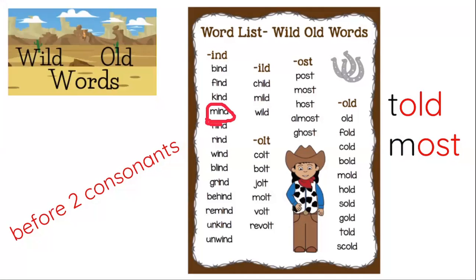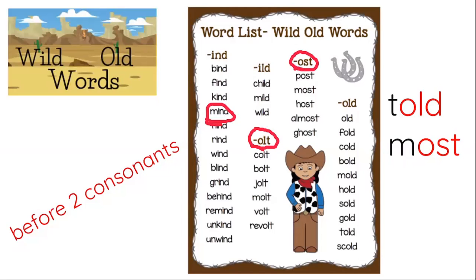This week we've got the O sound, and that happens with the O-L-T, the O in front of the LT, the two consonants, like colt, bolt, jolt, molt, volt, and revolt. And we have it when we have O in front of the two consonants ST, like post, most, almost, and ghost.